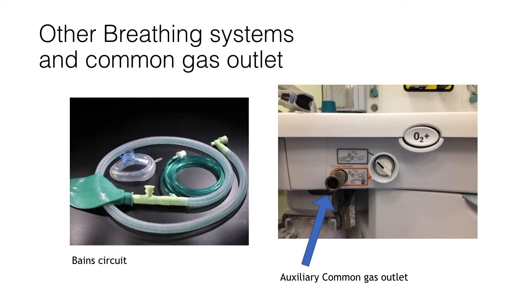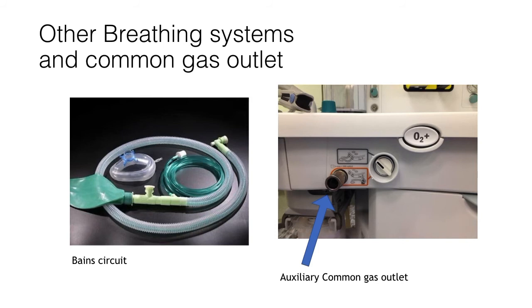Secondly, pictured here is the auxiliary common gas outlet, which you can see below the oxygen flush in the picture. This is the site where alternative breathing systems may be attached. For example, in paediatric cases, a T-piece breathing system may be attached to the auxiliary common gas outlet.